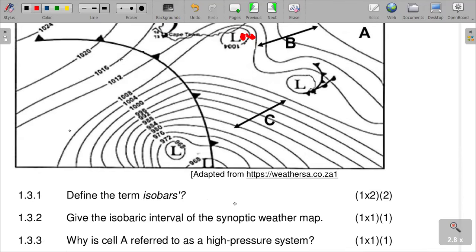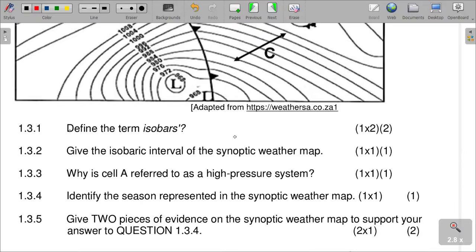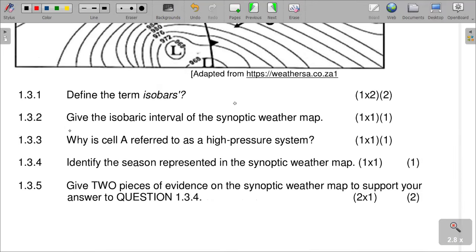Atmospheric pressure can be shown through diagrams represented by isobars.